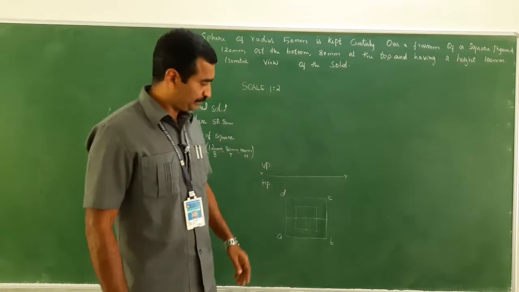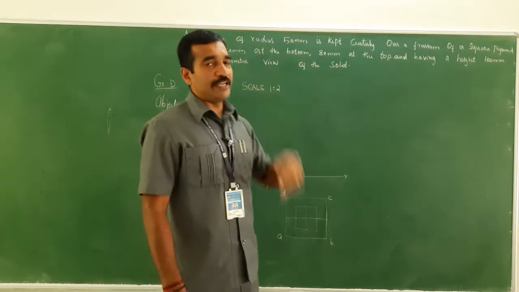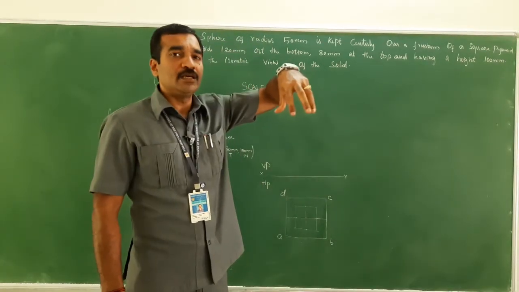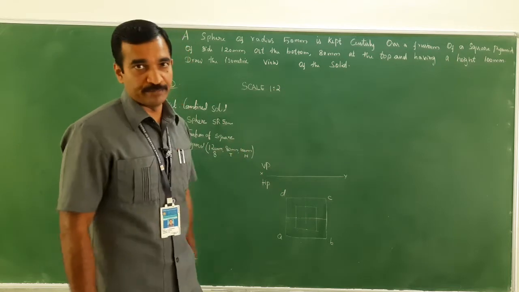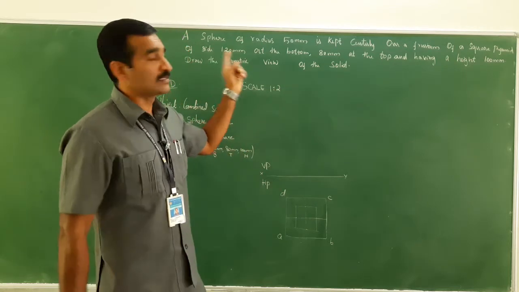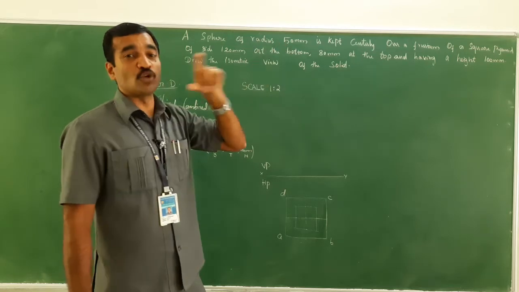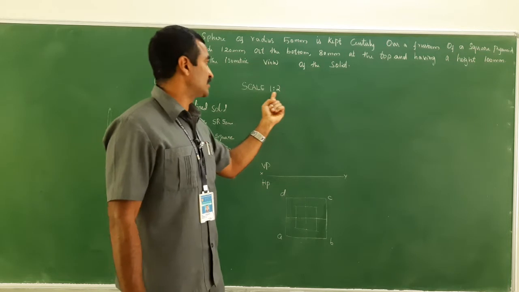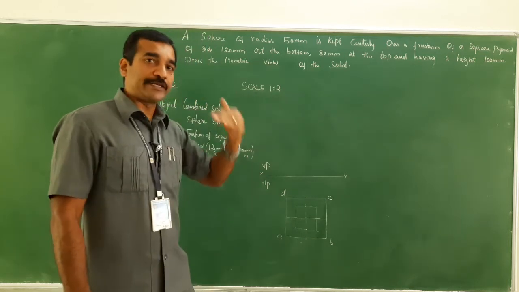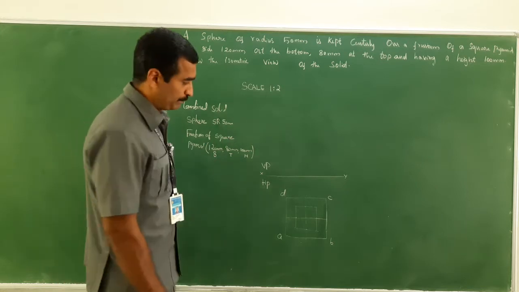This total is now 40 mm because I have considered scale 1:2, but the actual dimension is 80 mm. In addition to this, a sphere of radius 50 mm is placed centrally over the frustum of the square pyramid. Since the scale 1:2 has been used, I have to take a radius of 25 mm, because here the radius is 50 mm. After considering the scale, you will have to take half of the dimension, which is 25 mm.